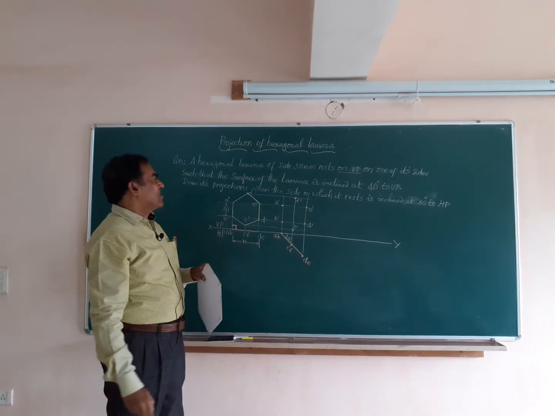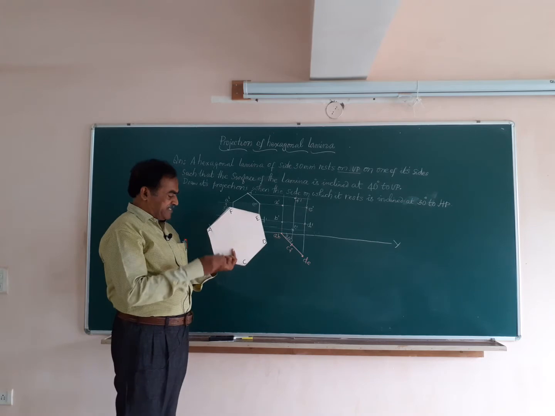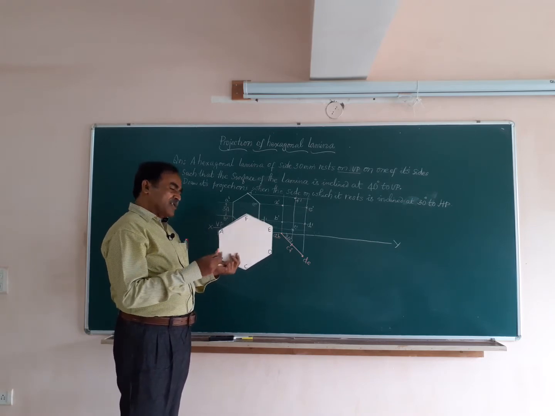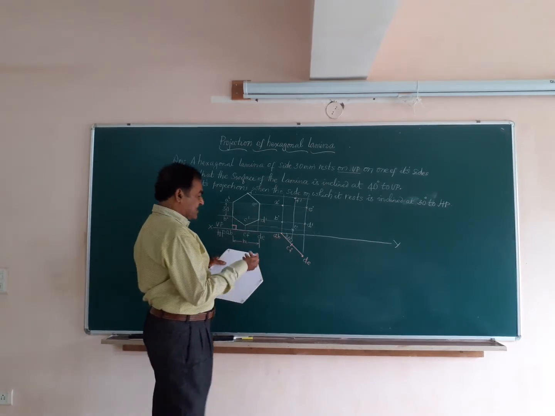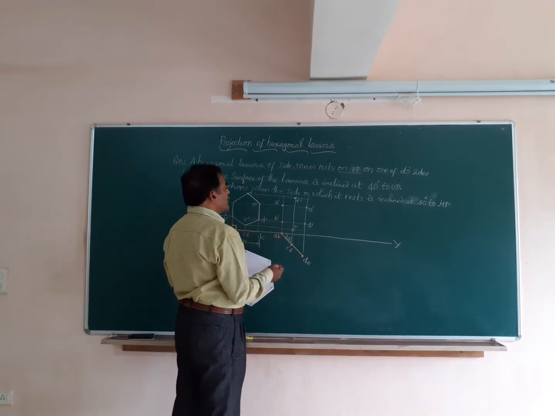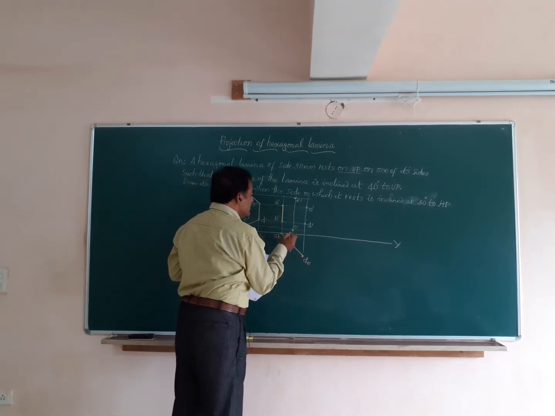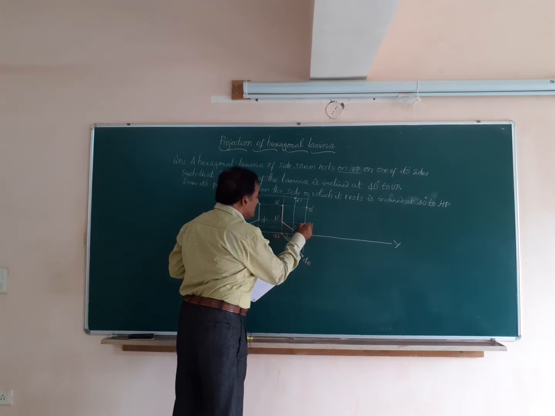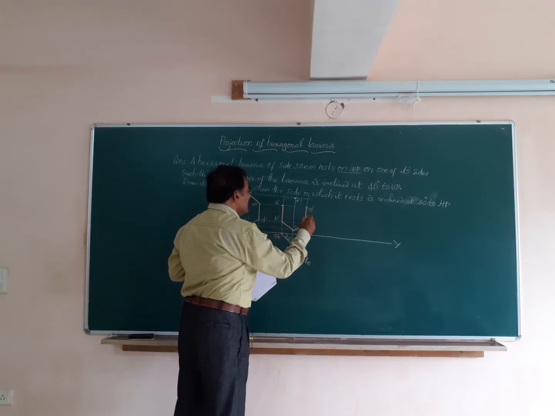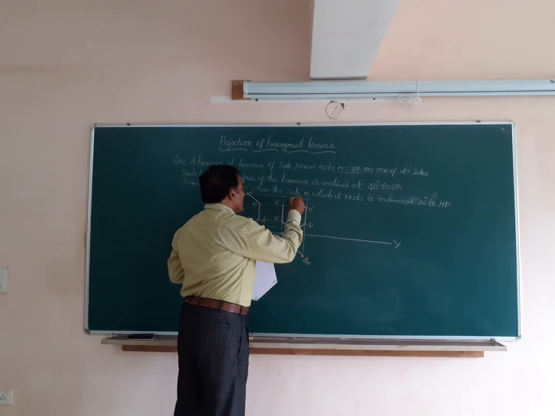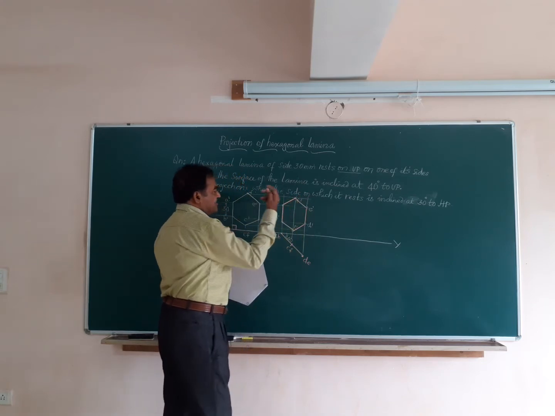Friends, we have got all the 6 points, or you can say the corners, of the hexagonal lamina. Let us join all these by straight lines. So I am going to join A to B, B to C, C to D, D to E, E to F and F to A, or F dash to A dash.